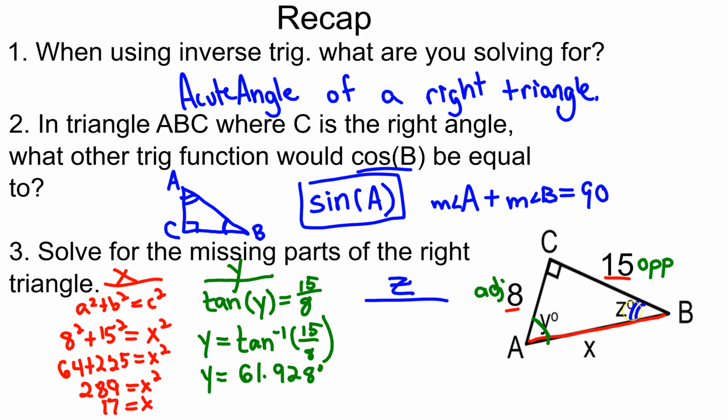Now we're going to do the same thing over here at angle Z. So angle Z, from this angle, 8 is now our opposite side, and 15 is now the adjacent side. So again, we have opposite and adjacent, so we're going to use the tangent again. And the tangent of Z is going to be 8 over 15. So then to solve for Z, we're going to do the inverse tangent of 8 over 15.